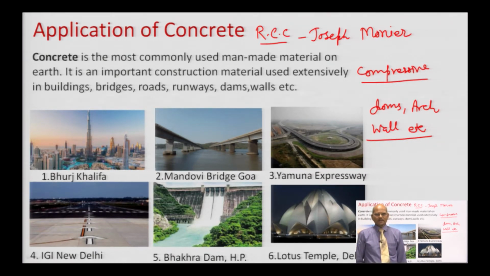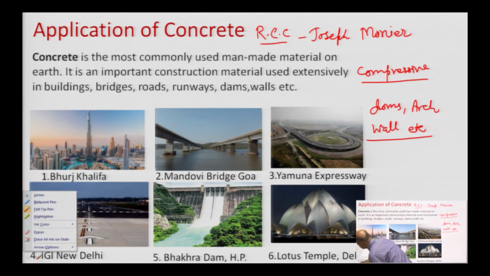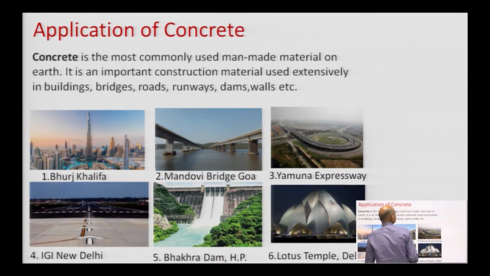So finally, by trial and error, he put some wire mesh inside the mold of the flower pot and prepared the flower pot with reinforcing steel. When he put in the reinforcing steel, what happened? He got very good tensile strength, he could handle the pots, and his business increased.